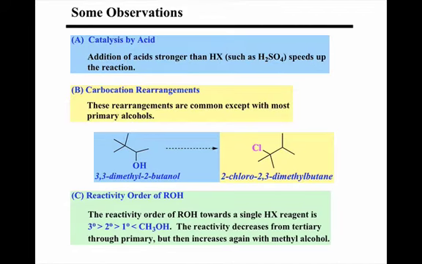How do I draw the arrow from the chloride to the carbocation? From here to here? The other way. Very good. So I want the arrowhead going from the chloride to the carbocation, right? And when that happens, we get the tert-butyl halide.